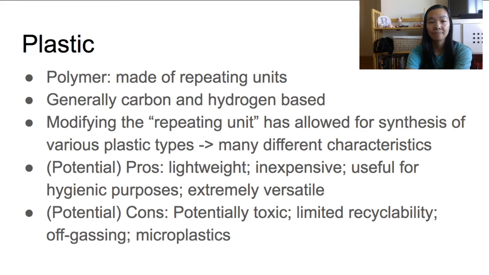If you modify the repeating unit, it allows you to make many different kinds of plastics with many different characteristics, like a plastic bag versus saran wrap versus your plastic Tupperware versus a PVC pipe.